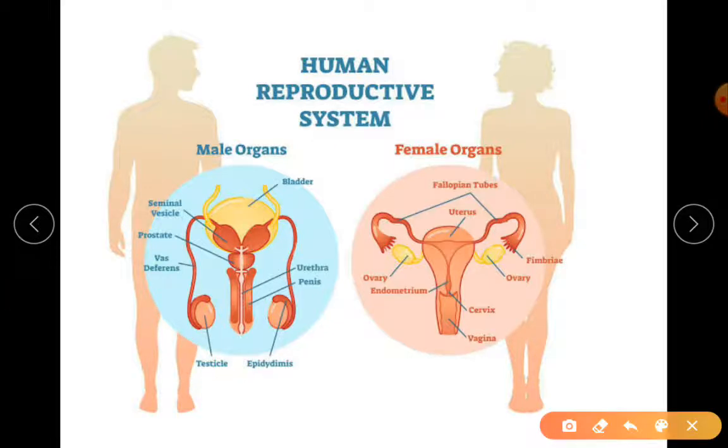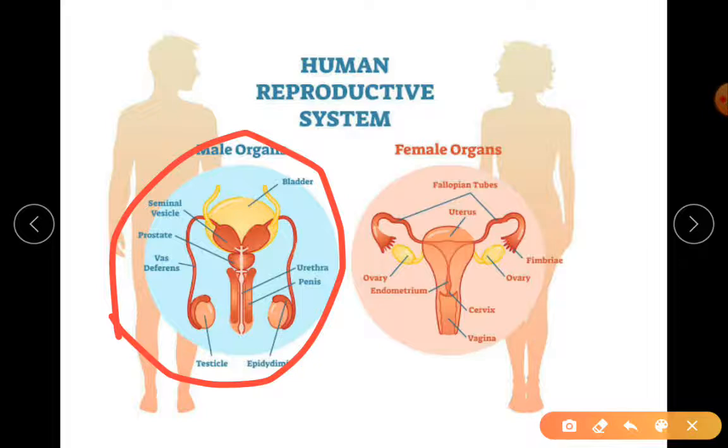And you know about the associated structures with the primary sex organ, that is your accessory ducts, your accessory glands, and the external genitalia. So that part is clear about the male reproductive system.